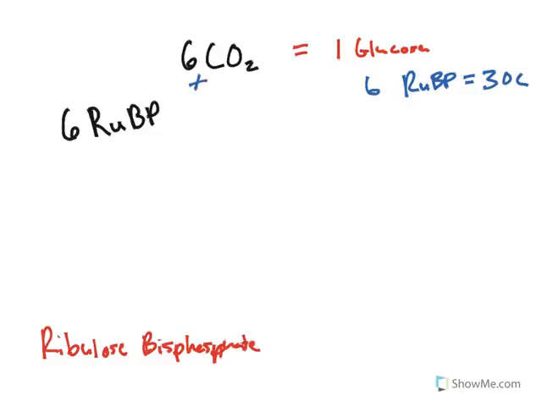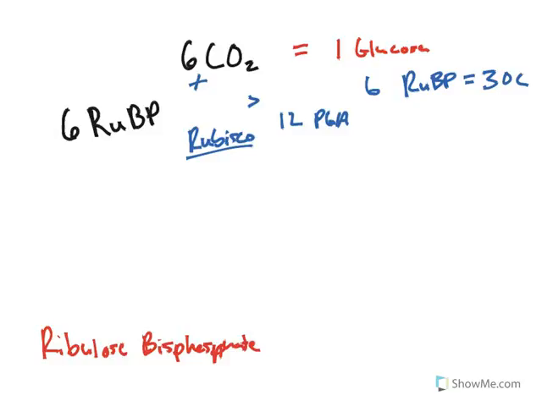So our 6 CO2 are added on to our 6 RUBP by the enzyme Rubisco, the most abundant enzyme in biology. So Rubisco catalyzes the reaction of adding on 6 CO2 to our 6 RUBP. So immediately when these two are added, they are incredibly unstable and they split apart into 12 separate molecules of PGA. 12 PGA, or 3-phosphoglyceraldehyde.